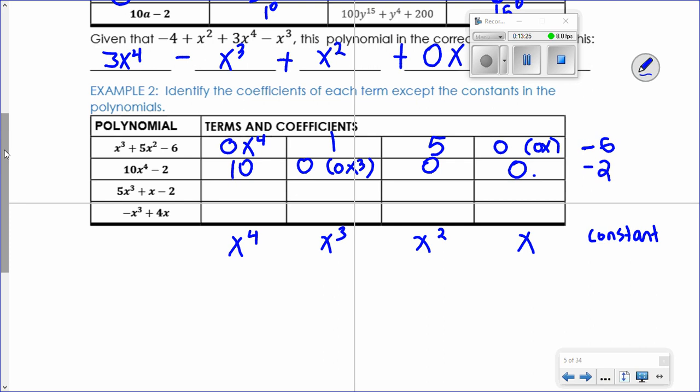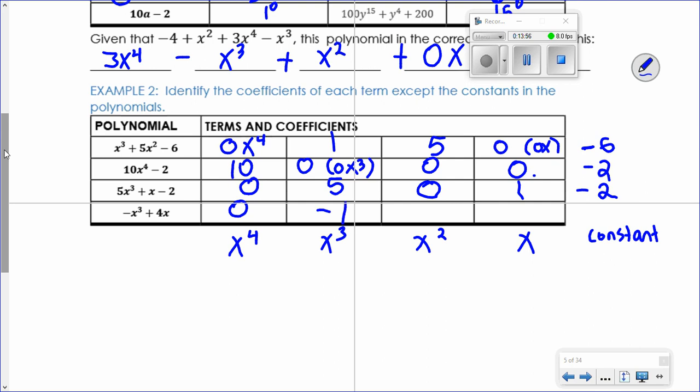Ready? What do I put here for x to the fourth? 0. x cubed. Coefficient for x squared. For x, constant, -2. Good job. Last one, coefficient for x to the fourth. 0. x cubed. -1.